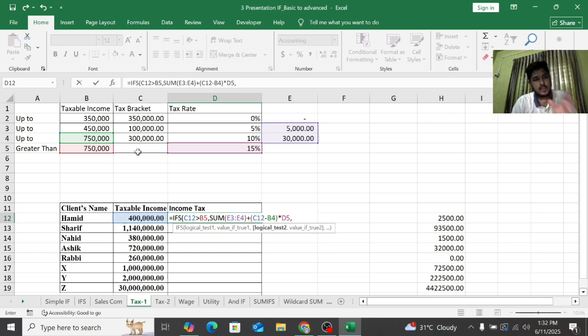Now same, we're going to use this for 4,50,000. What if it is more than 4,50,000?